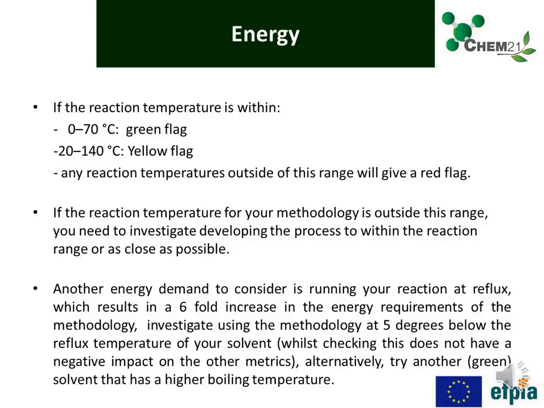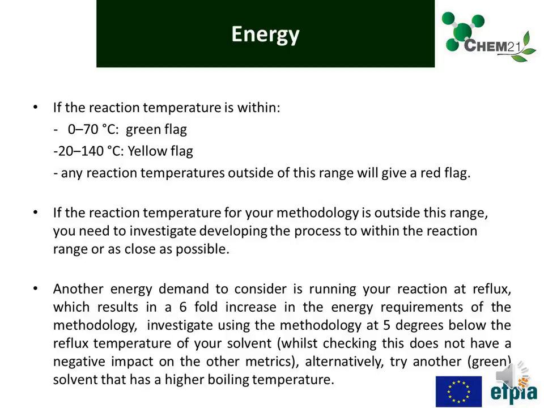Now, if your methodology is running outside these ranges, try to investigate developing your process to within the green reaction range, or as close as possible. Another thing that came out of our discussions in the CHEM21 consortium is the fact that if you're running a reaction at reflux, you are resulting in a 6-fold increase in the energy requirements of your process.